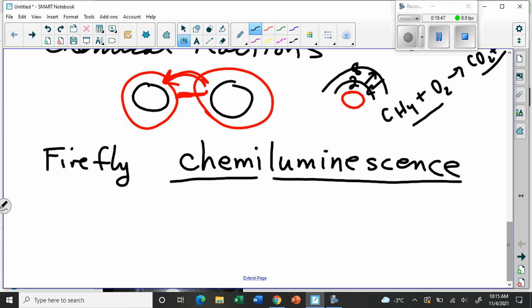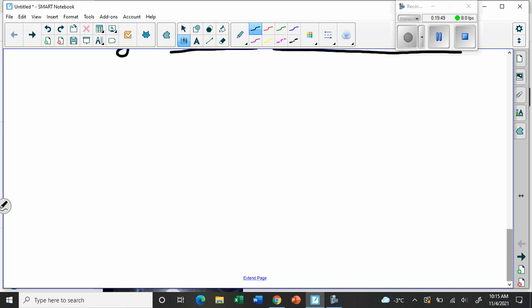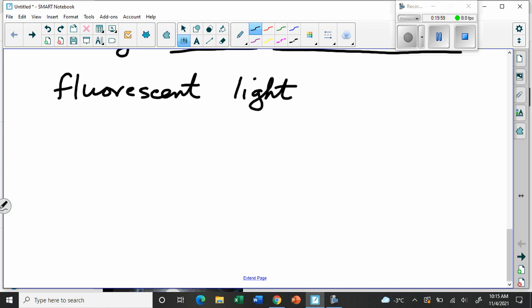Here's an interesting thing. Some of you might be looking up at the ceiling and you see the fluorescent light. So here, I'll give you an example of a fluorescent light bulb. It doesn't work like the one we described before, where you have the filament of tungsten and you push the electrons through and they get hot. It works differently. So it's a tube, a glass tube.